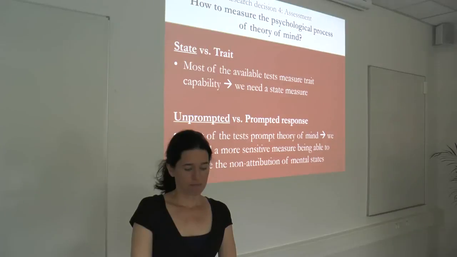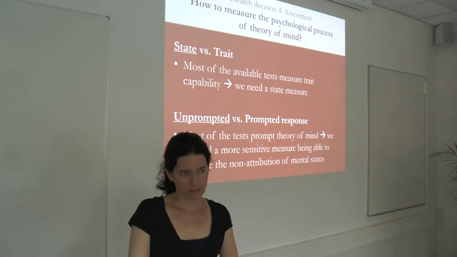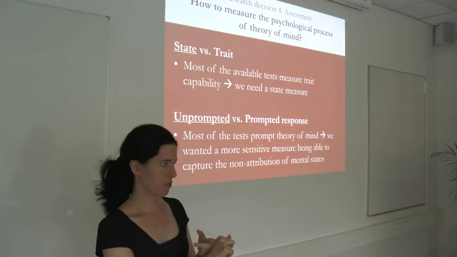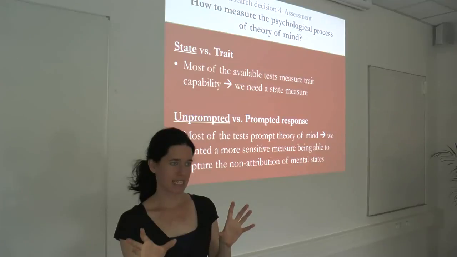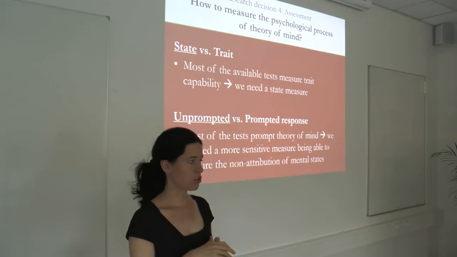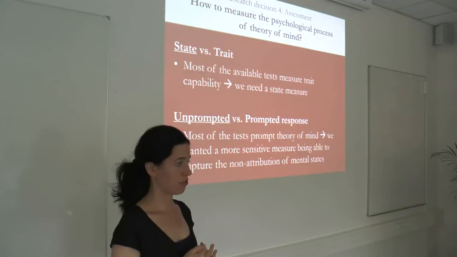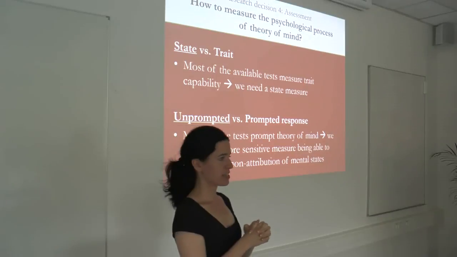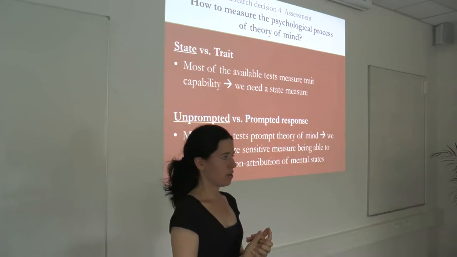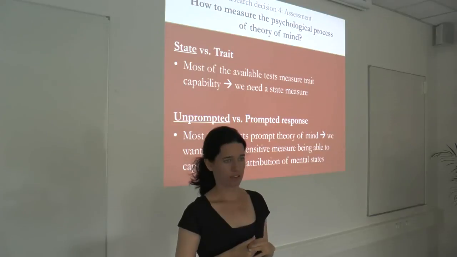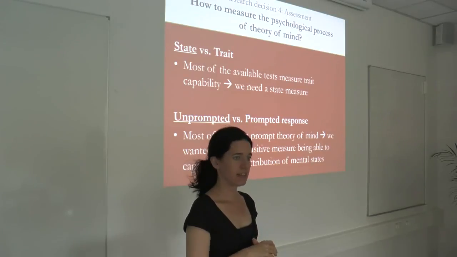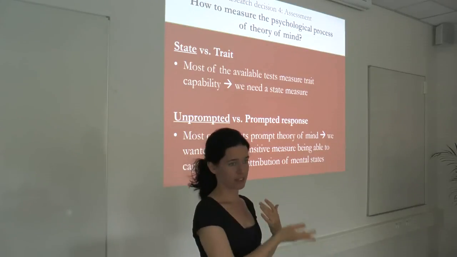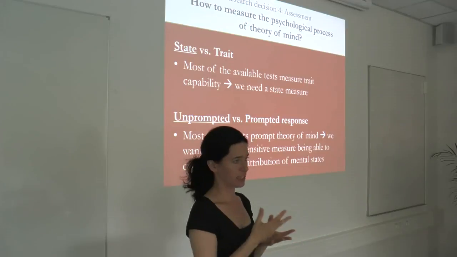We also needed to consider whether to use an unprompted or a prompted questionnaire. I'll step back one step. The questionnaires that we found for measuring theory of mind state were all quantitative questionnaires, and the problem with them was that the item itself already prompted theory of mind. An item asking the participant, what do you think the character felt in this scene, already prompts an assumption that the participant attributed a feeling of any kind to the character.